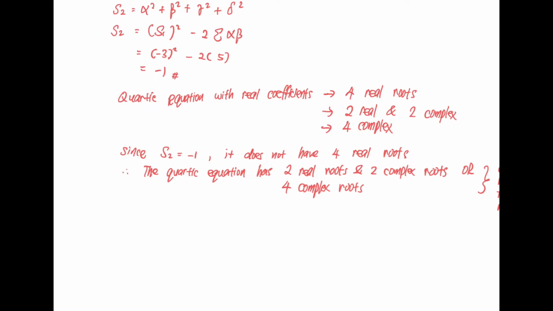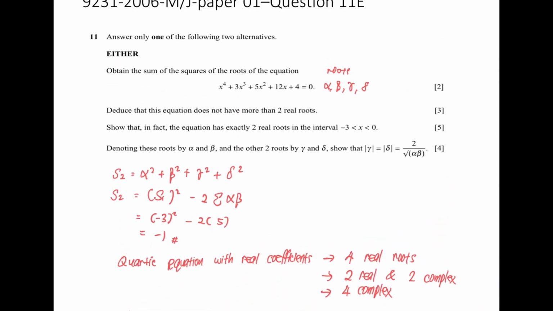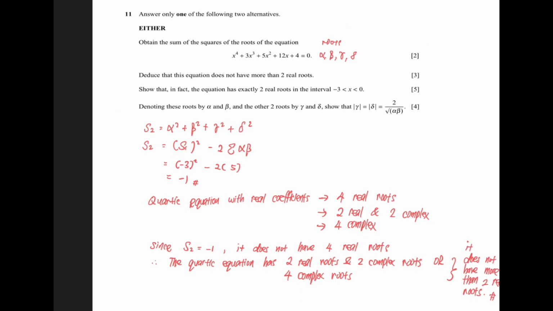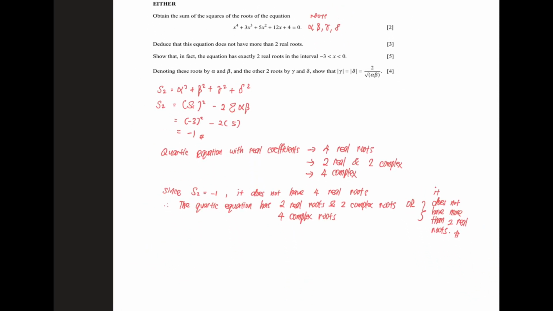So we build a table. We start from our polynomial. I let f(x) equal x to the power of 4, plus 3x cubed, plus 5x squared, plus 12x plus 4. Now I do sign test.